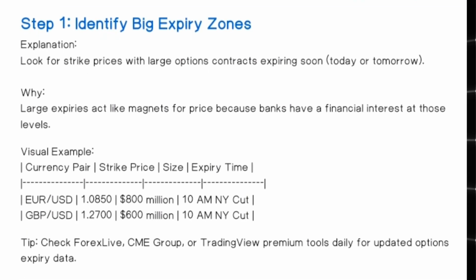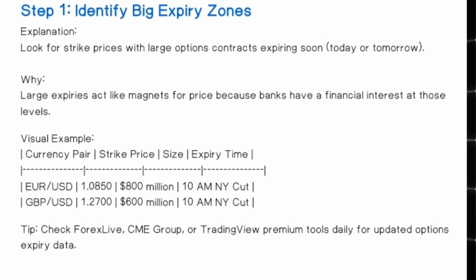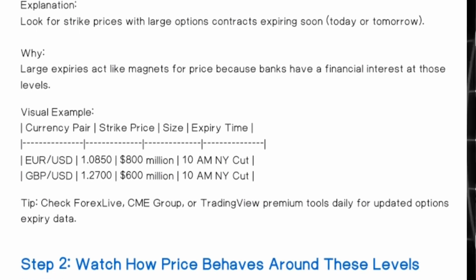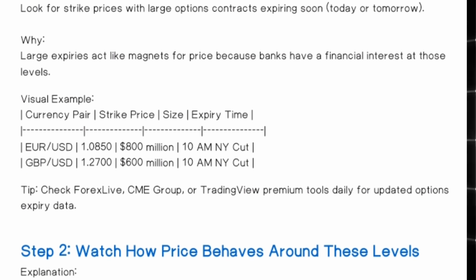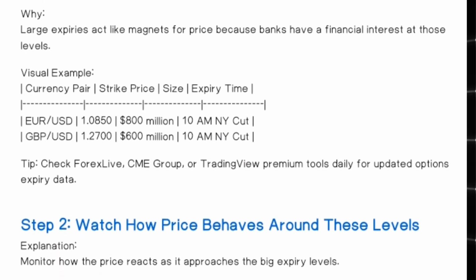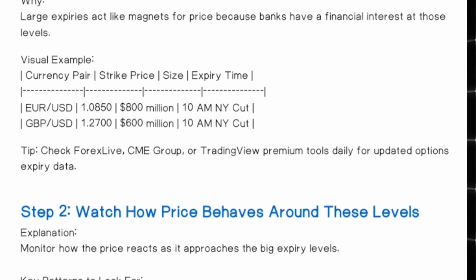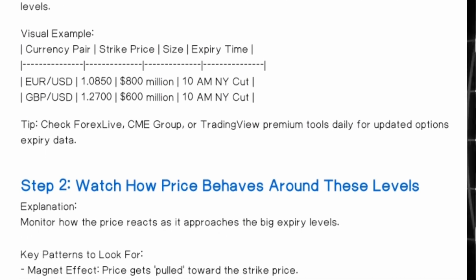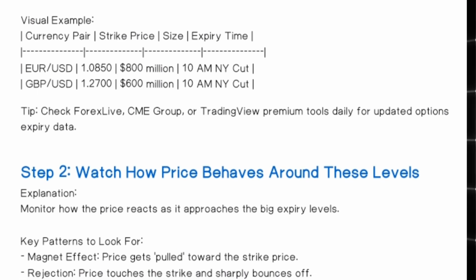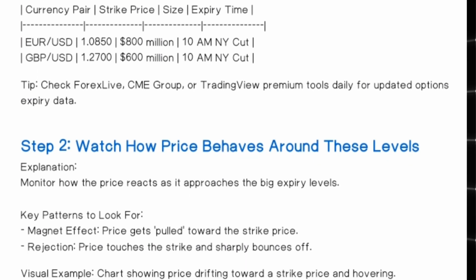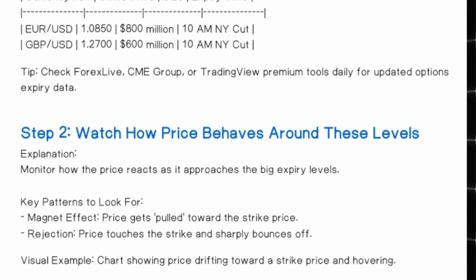Watch how price behaves around them. If price is near a big strike level close to an expiry time, expect either a magnetic effect or a strong rejection, so trade the reaction. After expiry happens, if price breaks away sharply, then it's often the true move the banks were setting for. So you can trade with them and leverage this.